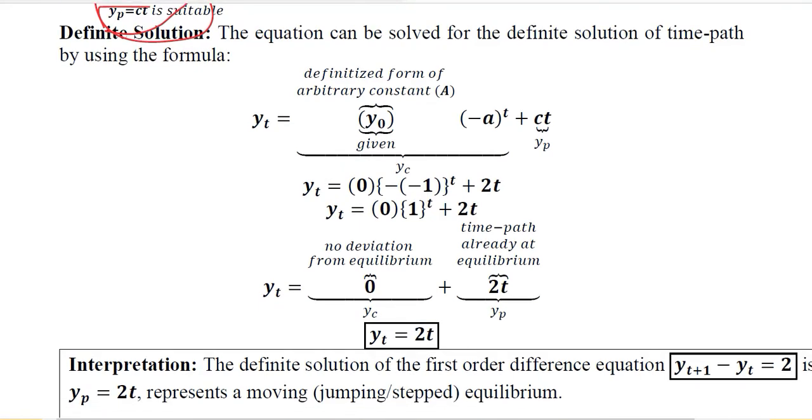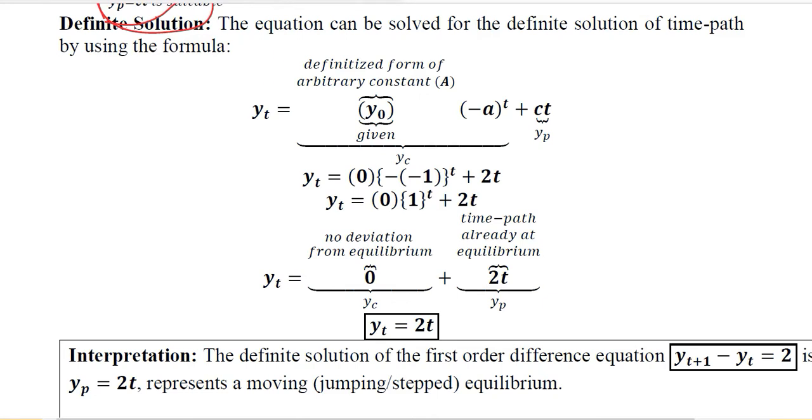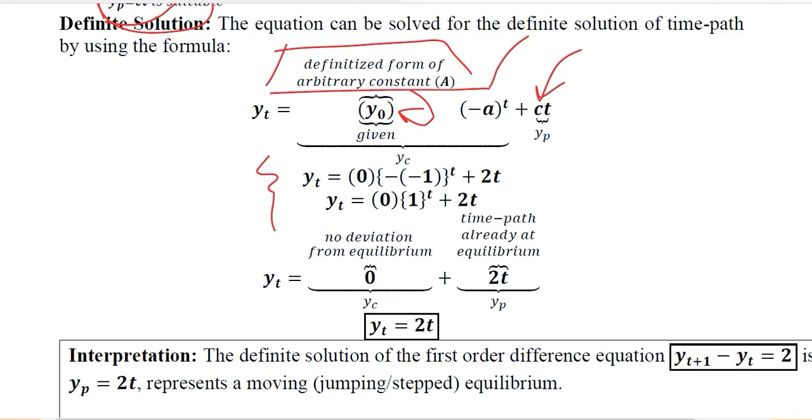So the definitized version of a is equal to this. It is equal to the initial condition, and the value of a can be substituted as well as of c. So after substituting these values, we get this answer. I'm not removing this 0 at this stage, but here I'm trying to show that this was the complementary function, and this is the equilibrium value.